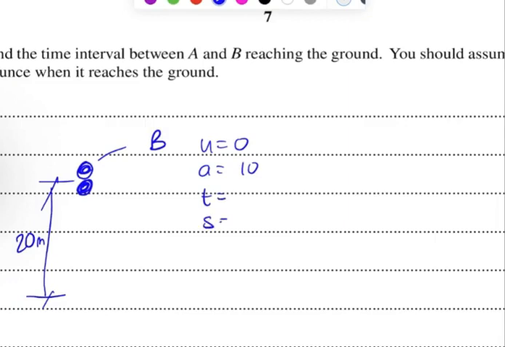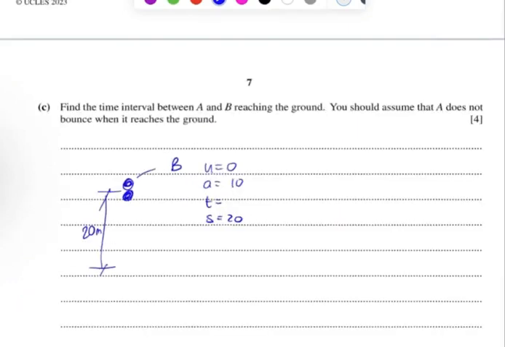I'm going to figure out what's happening to B first. It starts at rest, so we've just got a half times 10 times t squared, and that has to go a distance of 20. So 20 times 2 divided by 10, and then I square root it. So B reaches the ground after 2 seconds.